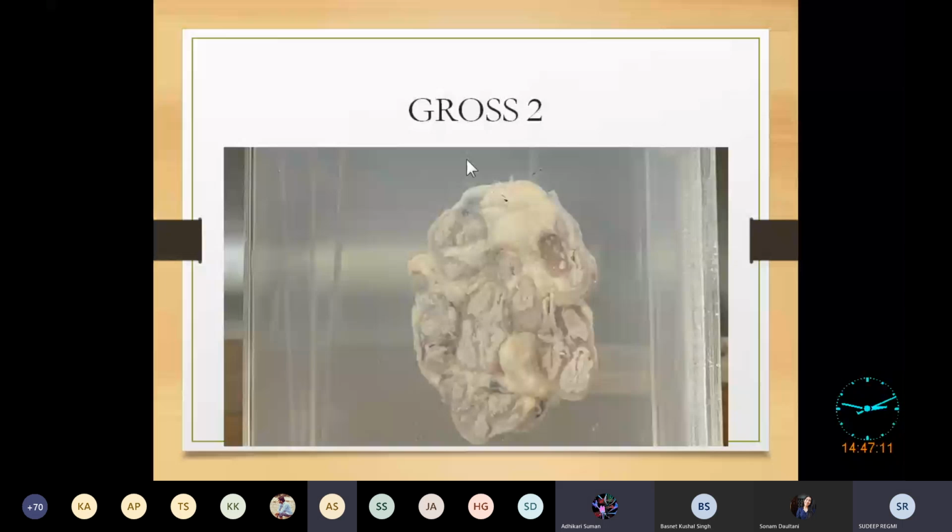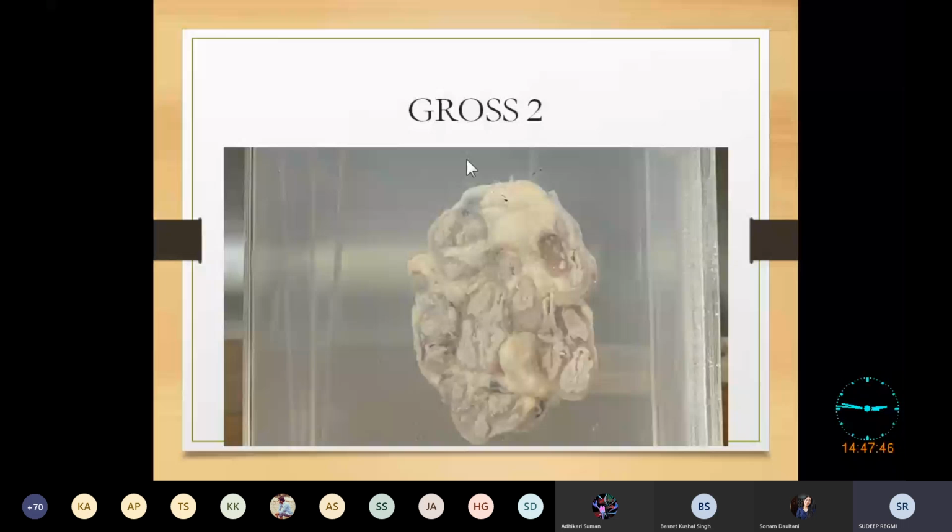Matted appearance. Very good. Other? Caseous necrosis. Very good. Those two are the most important features of a tubercular lymph node. If you see a matted appearance along with caseous necrosis, then you can say it is a tubercular lymph node.